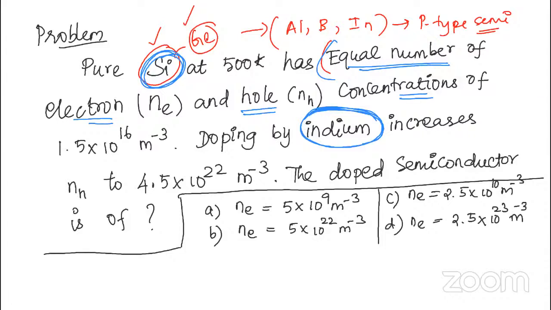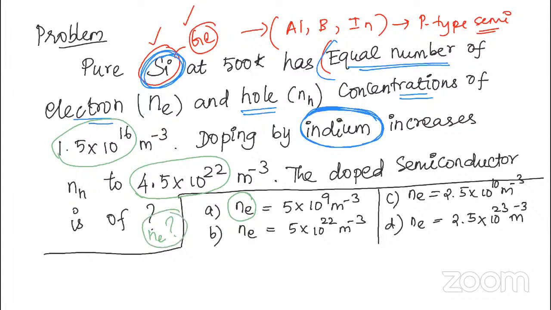So equal number of electrons and holes means we have to take the Ni value into account. The Ni value is directly given, and the NH value is also given. They are asking only for Ne. We have to find the value of Ne.